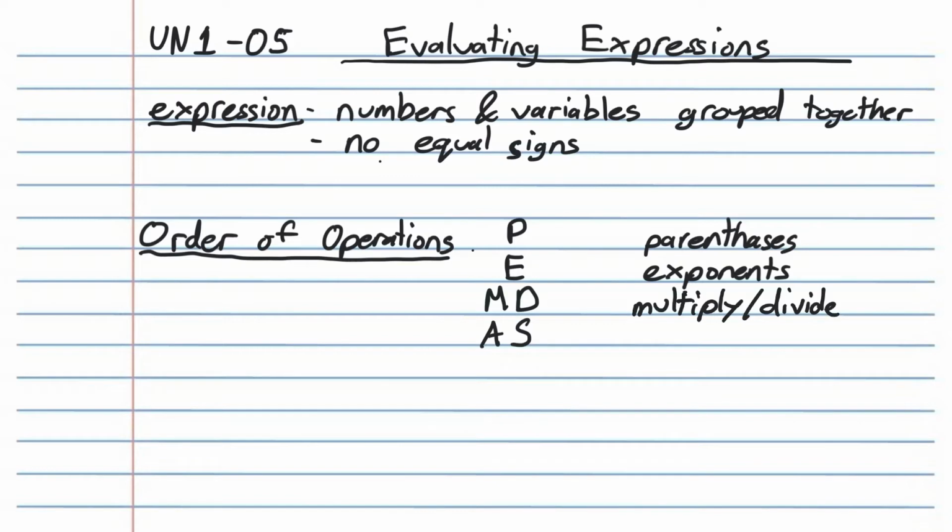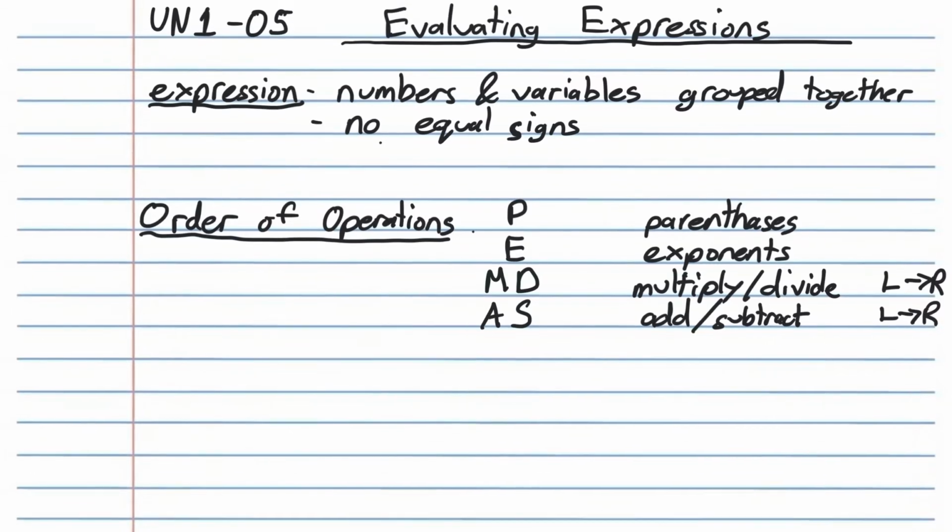And the timing, like I said, is at the same time, so we always work from left to right. Same with adding and subtracting. They work at the same time, so we always go from left to right. That's the order we have to follow when simplifying questions.